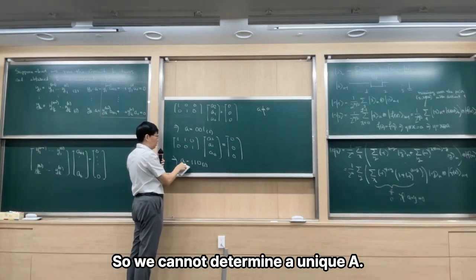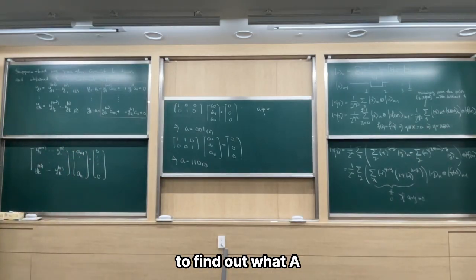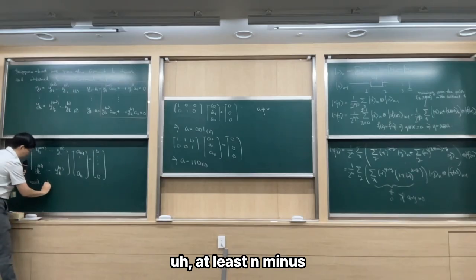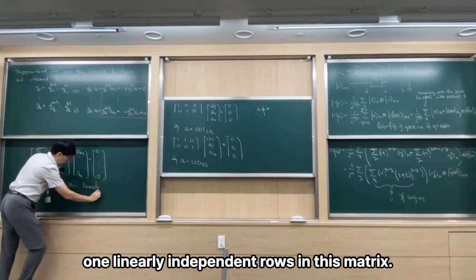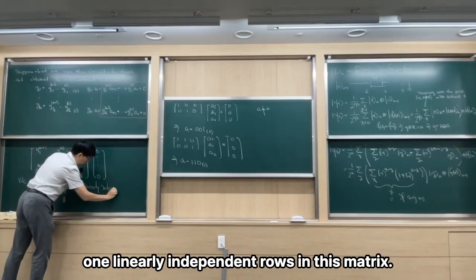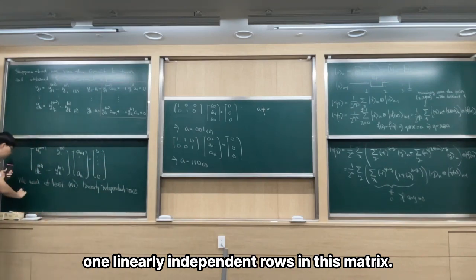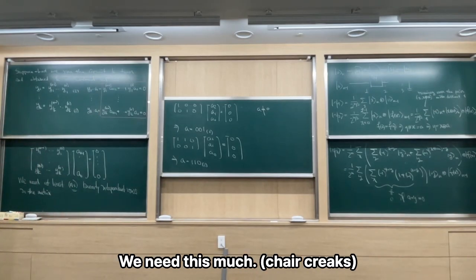So we cannot determine a unique A. So when we have this matrix equation to find out what A is, we need at least n minus 1 linearly independent rows in this matrix. So not n. We need n minus 1. We need this much.